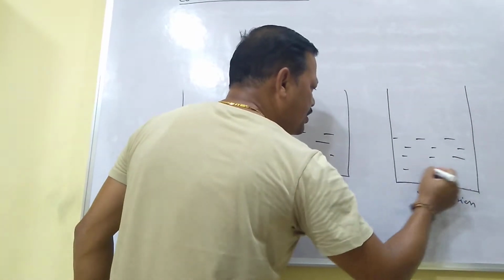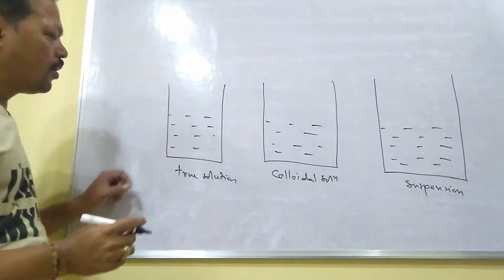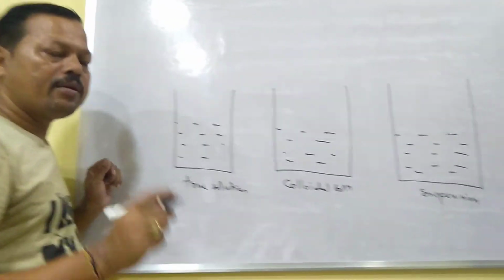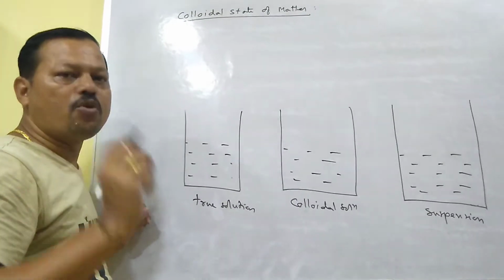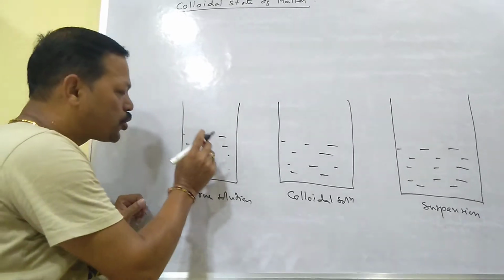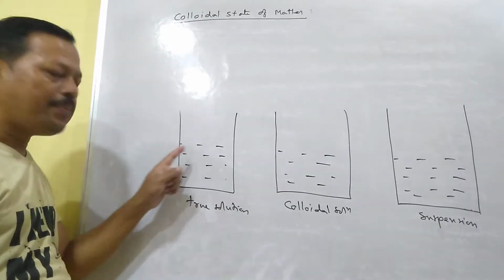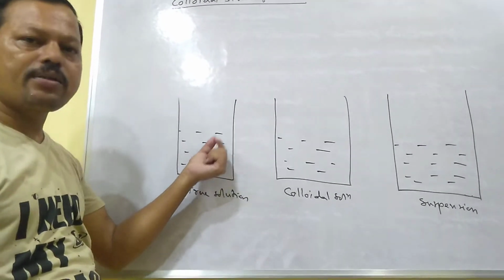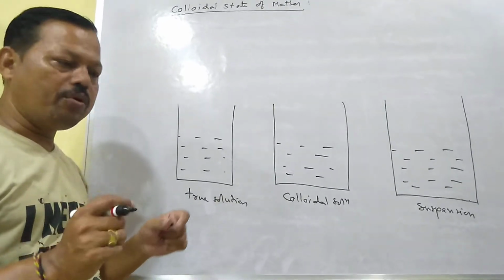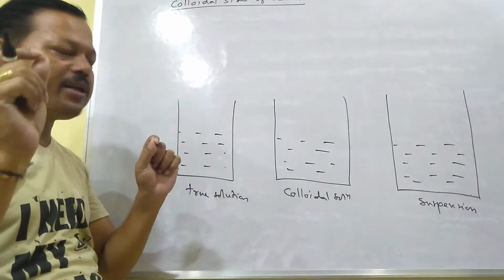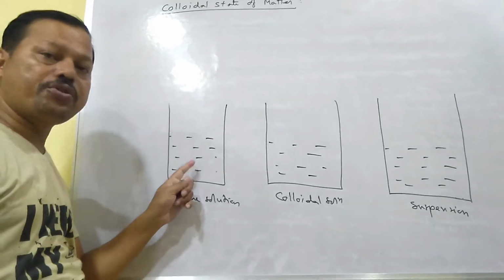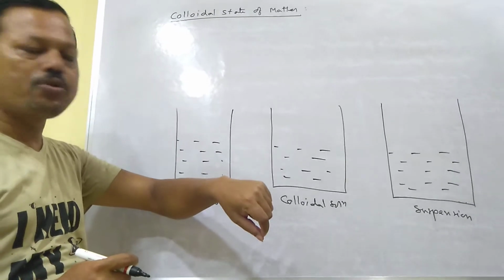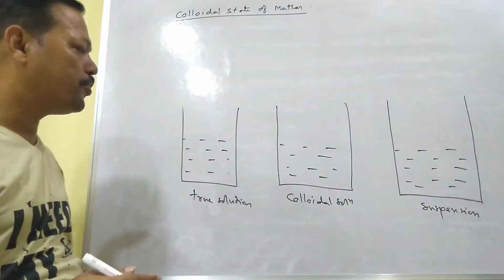They are mainly different in their particle size. In true solution, the particle sizes are very small, and due to the small size, the particles can pass through filter paper, and they can pass through membrane also. As you know, in filter paper the pores are larger, but in membrane the pores are smaller. But in true solution, since the particles are very small, they can pass through both.